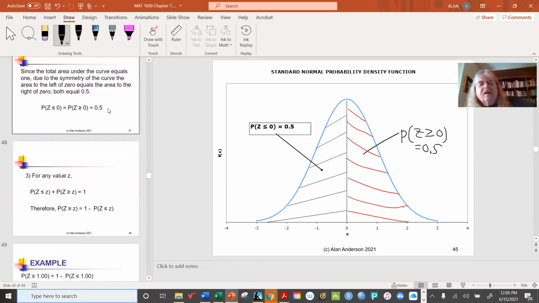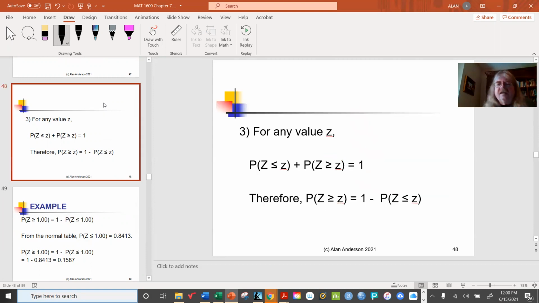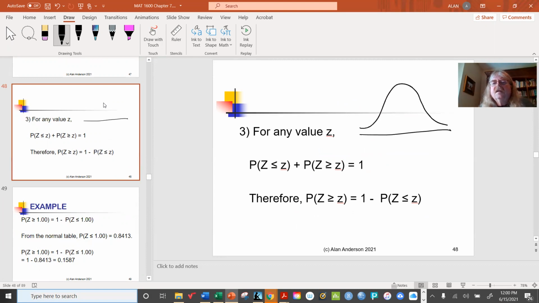Now, the next one is going to come in very handy when we're using this table. For any value z, and let's just make up a number to make it clearer, suppose the number that I chose is 1.08.